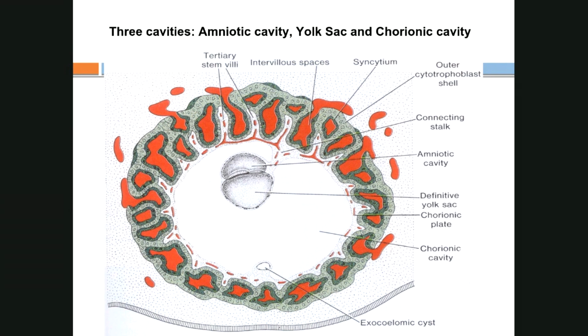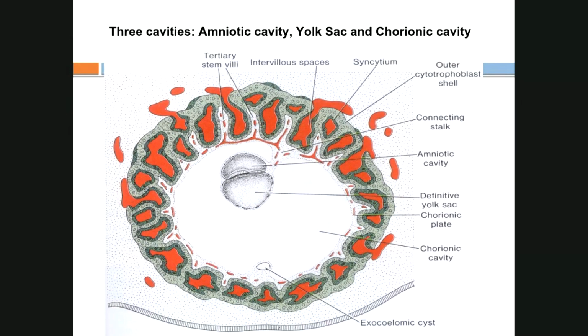Two balloons are one above, the amniotic cavity, the other one a little bit bigger below, known as yolk sac, and these two are floating in a very large cavity known as chorionic cavity. And this amniotic cavity with a yolk sac and embryonic disc is hanging into the chorionic cavity by a connecting stalk, which is going to form umbilical cord later on.